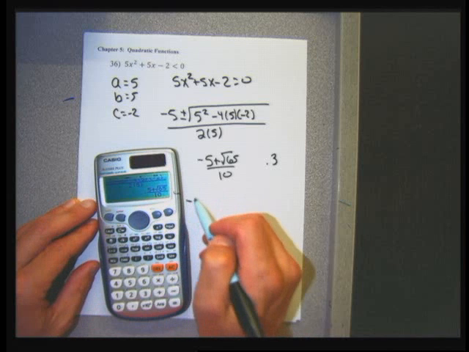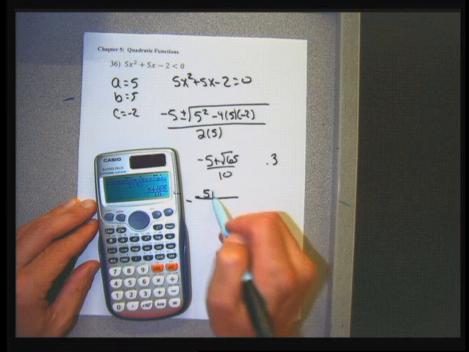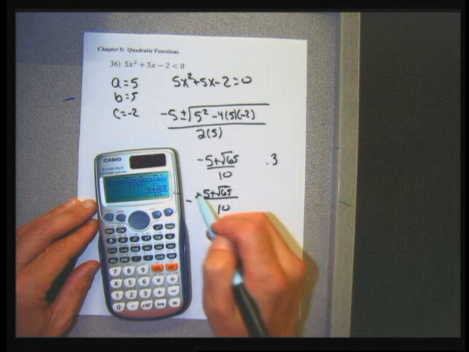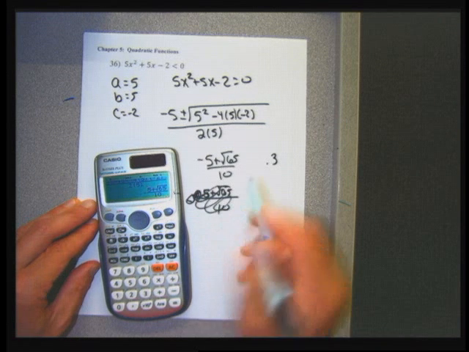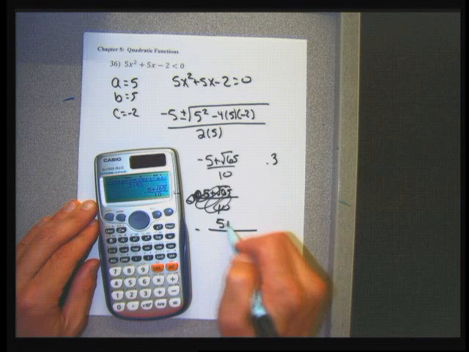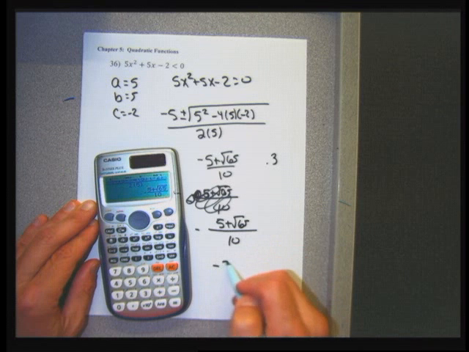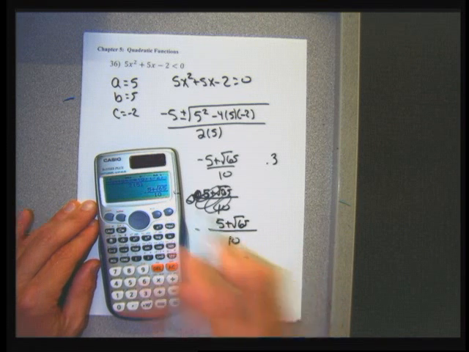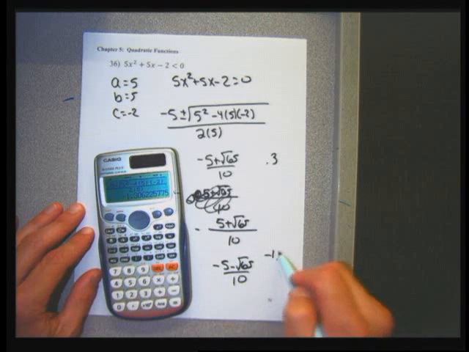My calculator gives me negative 5 plus the square root of 65 over 10, and I usually write that as, oops, obviously I'm getting tired, I'm sorry. It gives me negative 5 plus the square root of 65 over 10, which I'd write as negative 5 minus the square root of 65 over 10. And SD that, it's negative 1.3.